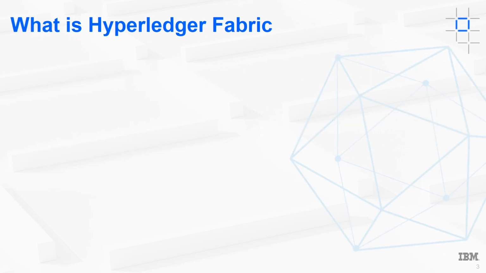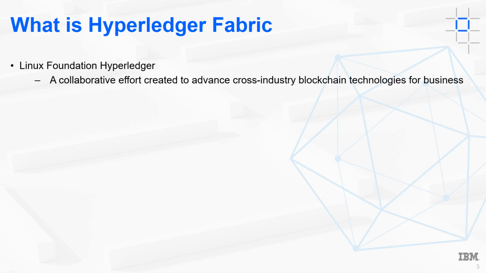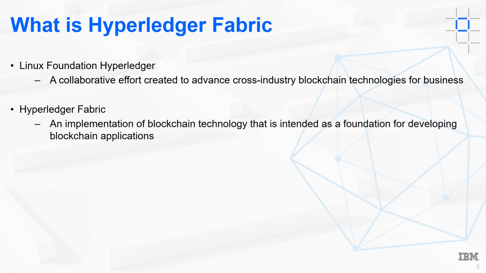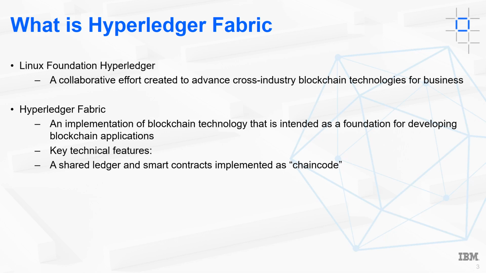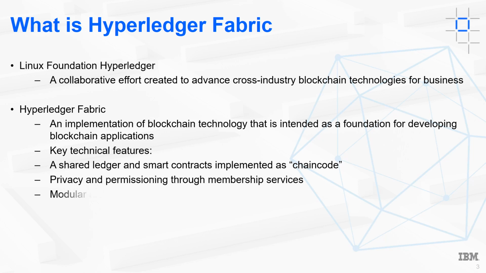Now, what is actually Fabric? As we said, the project is a collaborative effort to create advanced cross-industry blockchain technology. Fabric is an implementation of blockchain technology intended as a foundation for developing blockchain applications. The key technical features are: a shared ledger, a smart contract implementation called chain code, privacy and permissioning through membership services, a very modular architecture, and flexible hosting options, which make it ideal for enterprises to adopt.